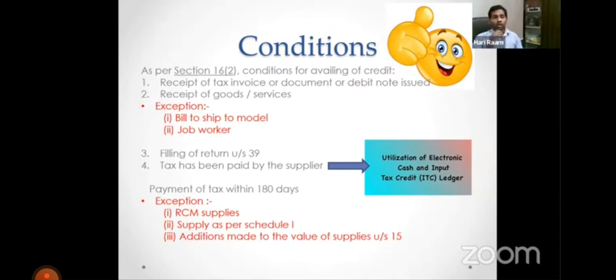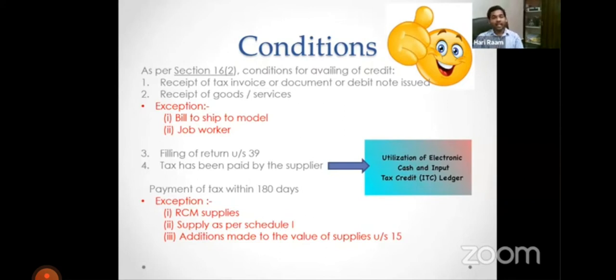Now let us deal with the exceptions. Receipt of goods: this condition need not be fulfilled if the goods are not received by the recipient in 2 situations. One, bill to ship to model, which I am going to explain. And when a job worker receives the goods, in that case also there is no need for receipt of goods or services.